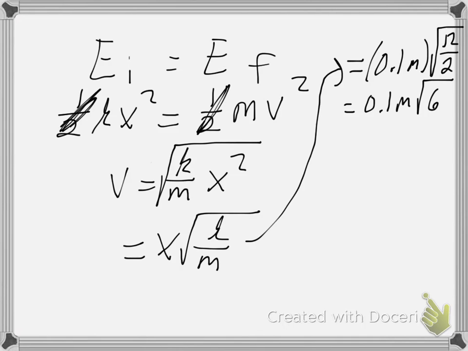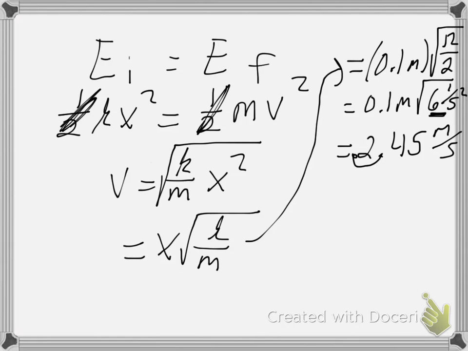And so the square root of 6 is approximately 2 point something, which is right close to 2.45 meters per second. So we need to multiply that by the 0.1.